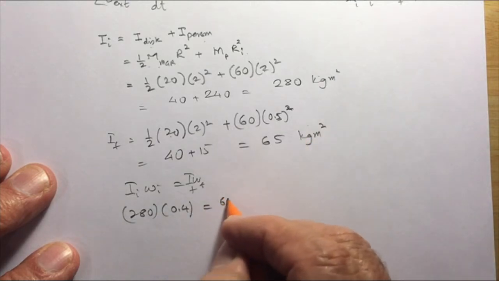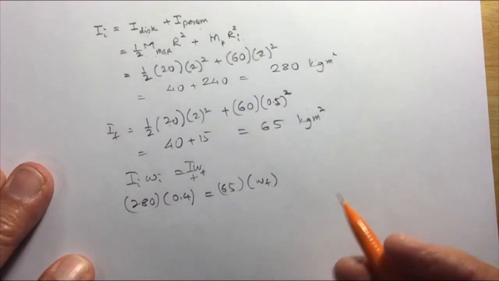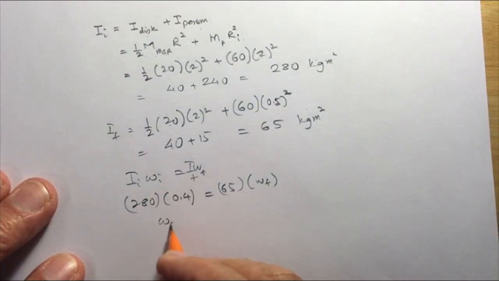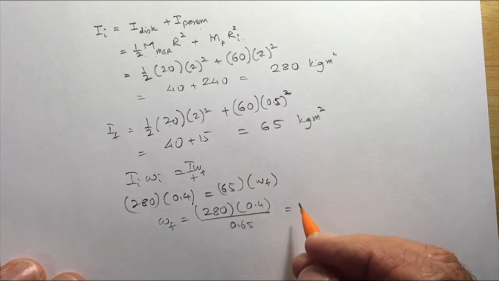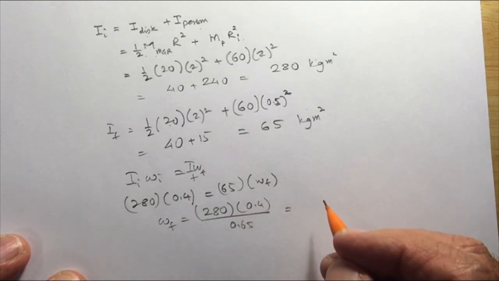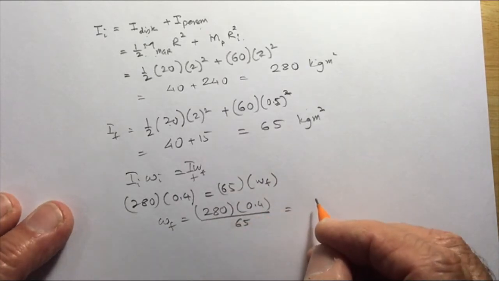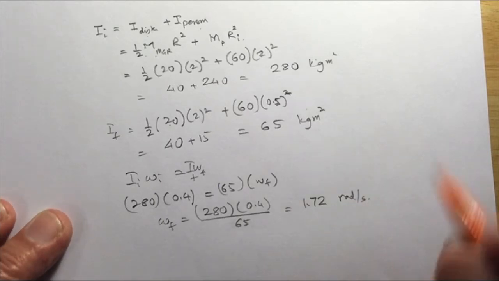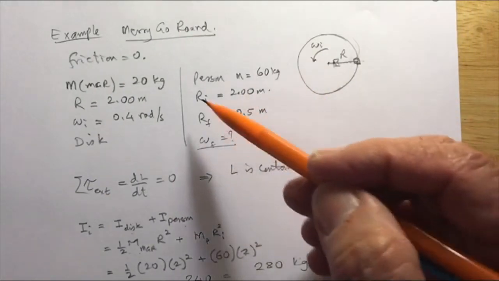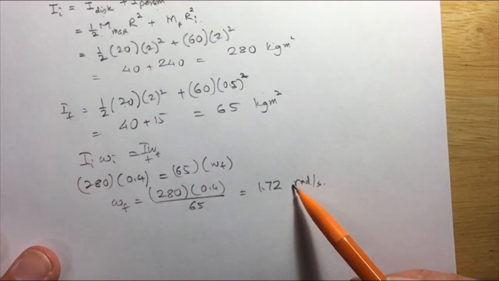The I final is 65, and the omega final is what we're looking for, and therefore omega final is 280 times 0.4 over 65, so that comes to 1.72 radians per second. So it started off with 0.4 radians per second, and now the speed has increased to 1.72 radians per second.